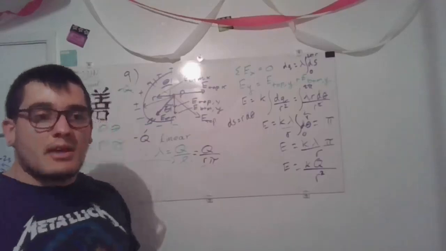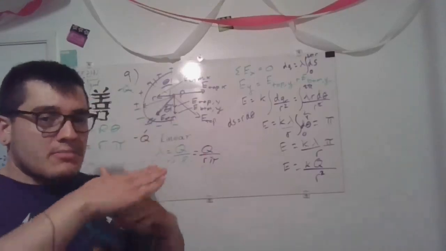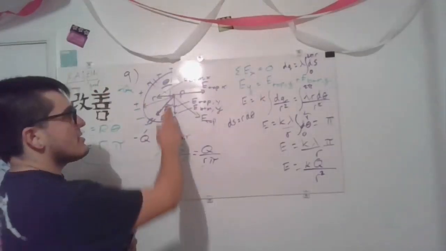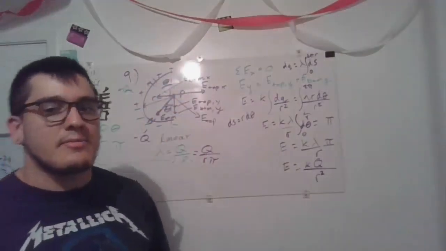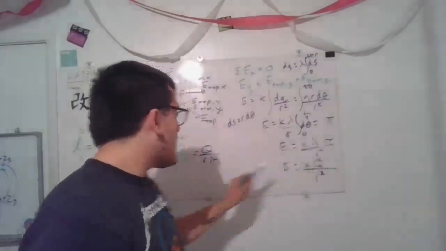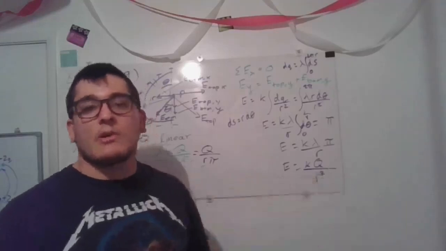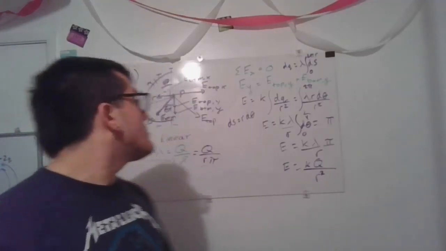It matters where you pick theta, because if you pick this theta right here, you would have to go from 0 to pi by 2 and times 2. But if you pick this theta, you can just go from 0 to pi. So that's what I meant. 0 to pi, that pi and this pi cancel. So then you just get kq over r squared. Pretty simple, actually. Pretty legit.